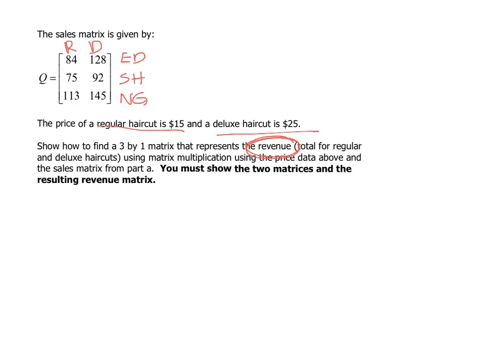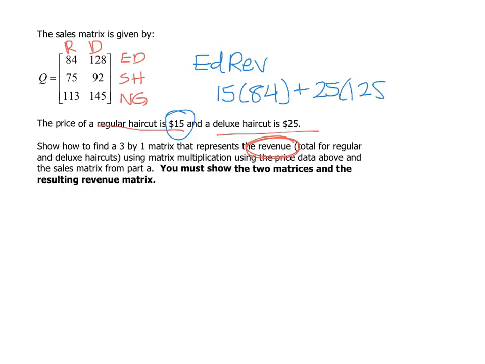If I wanted to figure out the amount of revenue for the Edmonds store, well, I know that each regular haircut is $15, and I have 84 regular haircuts, and each deluxe haircut is $25, and I had 128 of those.